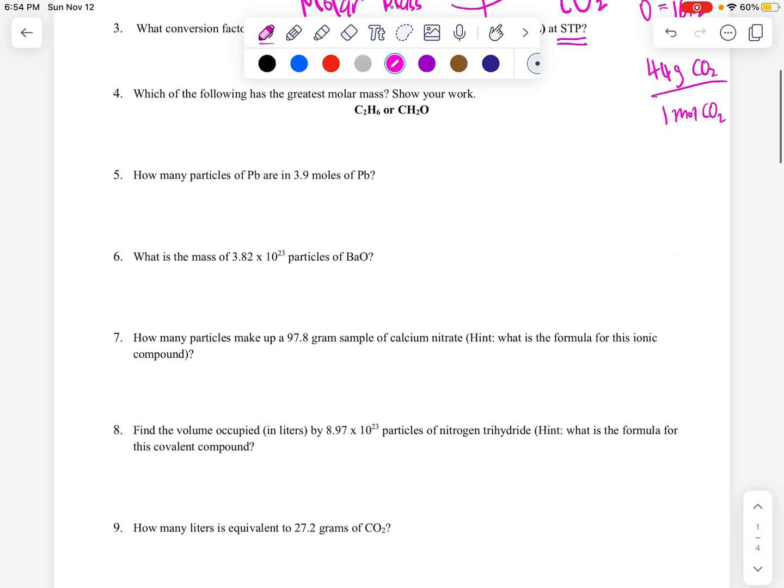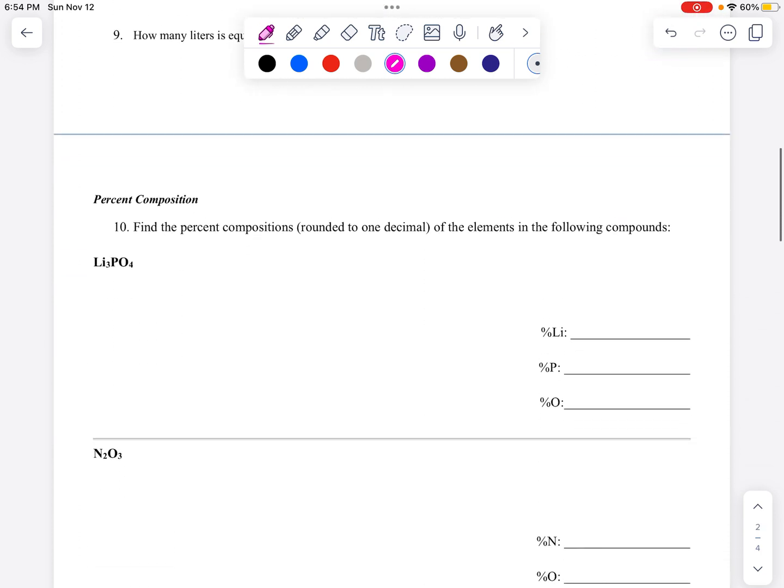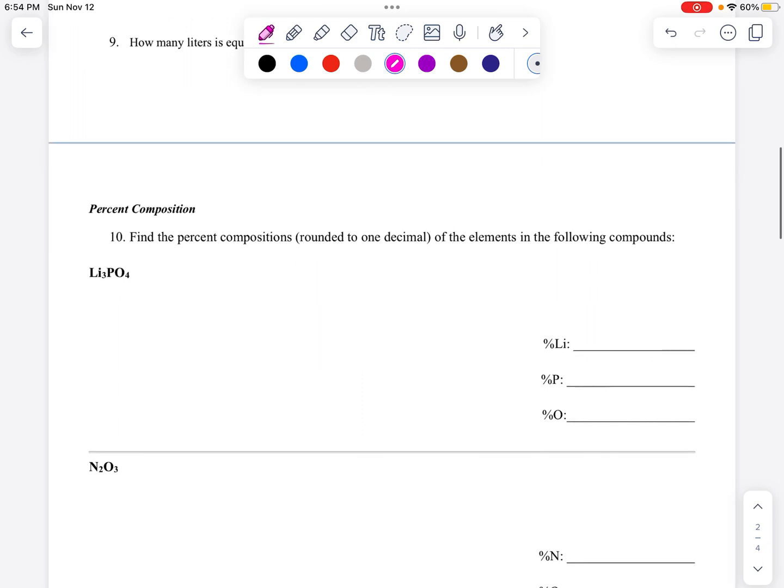Now, let's go ahead and take a look at some of the examples below. I'm going to start off with percent composition here. Okay, good. To find how much percentage each element occupies within the big compound that it's part of. All right, so let's go ahead and try to find the first one here.